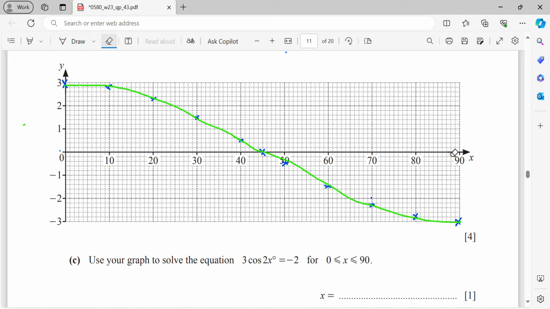Right, so my graph is not very smooth. Okay, so draw a smooth curve here.